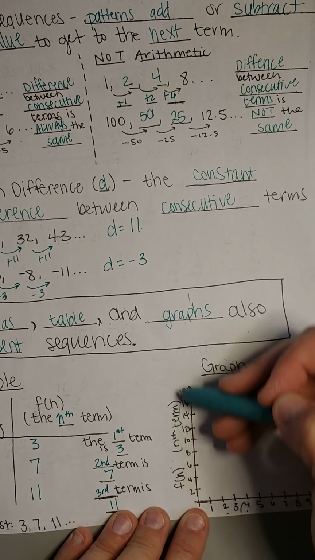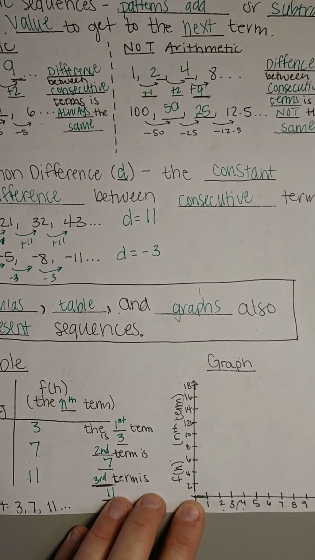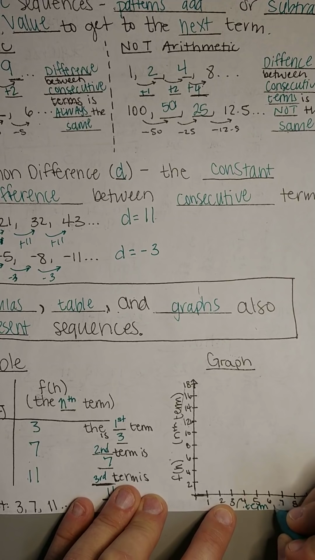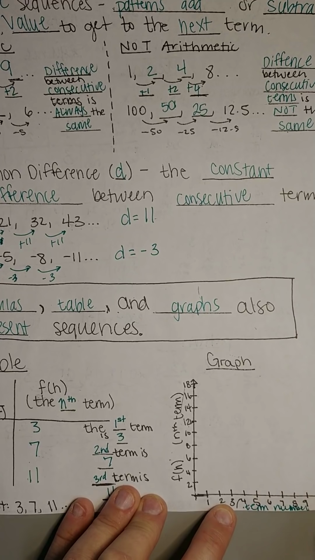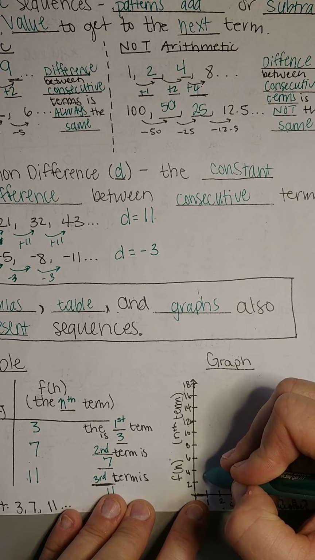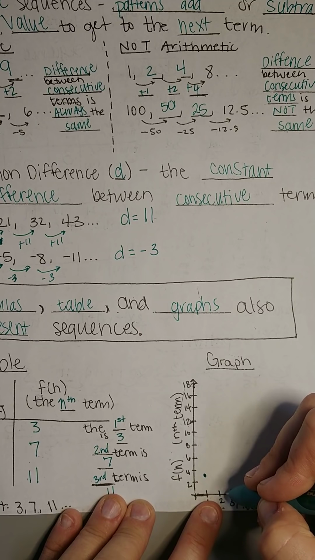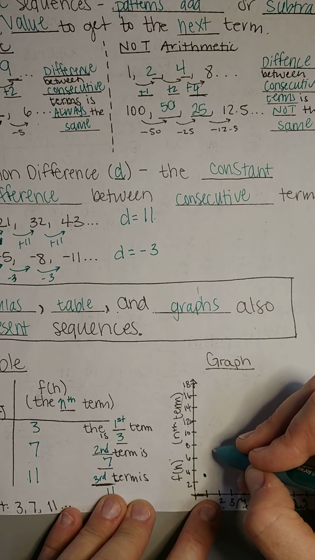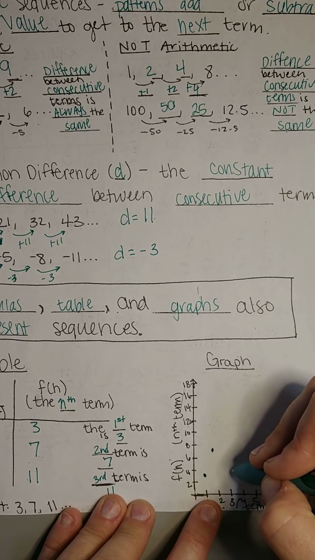Our output is f of n, or the nth term, and our input is going to be our term number, or n. So when n is 1, f of n is 3. When n is 2, f of n is 7, and when n is 3, f of n is 11.